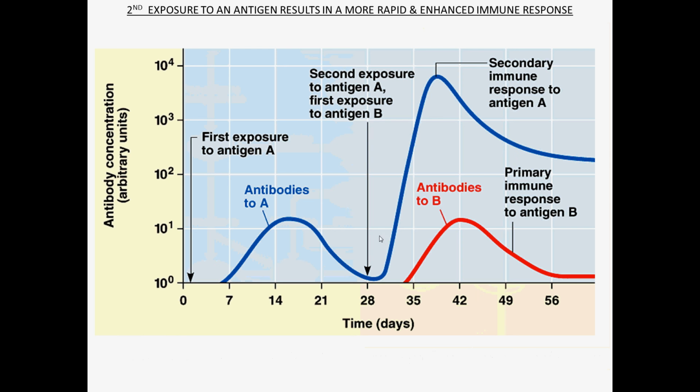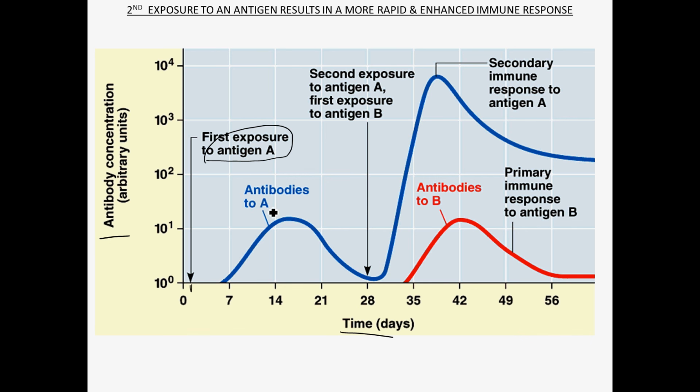The classic example here looks at the effects of the memory B cells. We are plotting antibody concentration against time. At this point in time, this is the first exposure to antigen A. There's a lag time when you're exposed, and then a few days later, less than a week later, your B cells, your plasma cells, have been stimulated and you start to churn out antibodies.